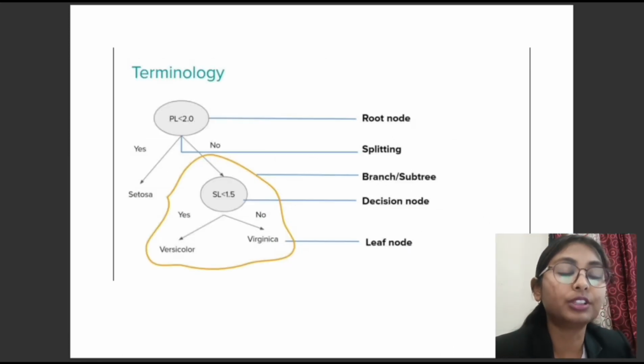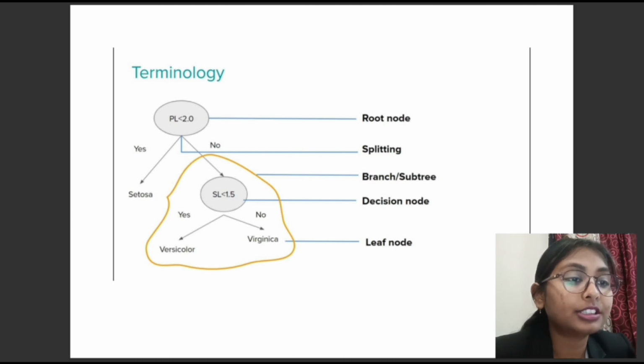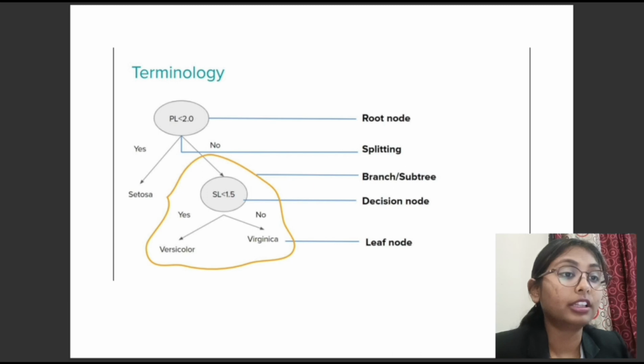The first decision node is usually known as the root node, and after that we have arrows that split into yes and no, or any kind of classification. Here we have used binary classification, so yes and no is there. So splitting is done. In splitting, first we have setosa as a leaf node, and another decision node is for the sepal length. Less than 1.5, then the leaf node would be versicolor. If no, then it is going to virginica.